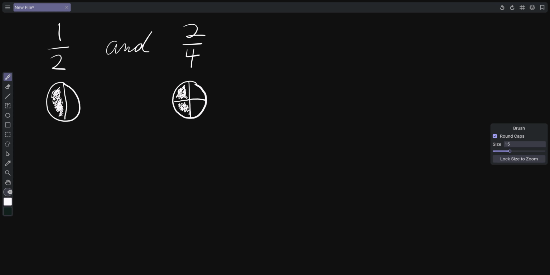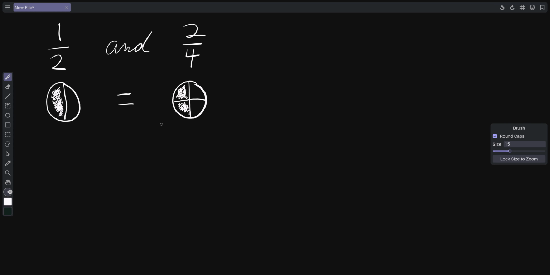And if you were to look at this, you might come to the conclusion that 1/2 equals 2/4. And the reason you would come to this conclusion is because they basically have the same volume.